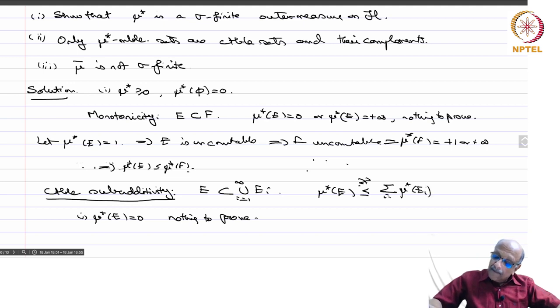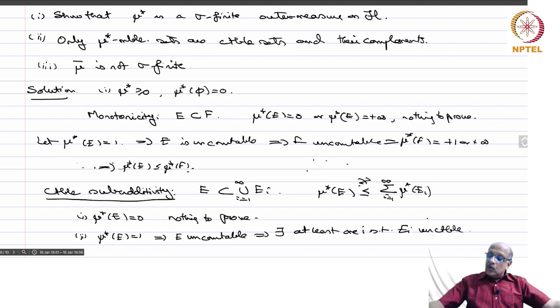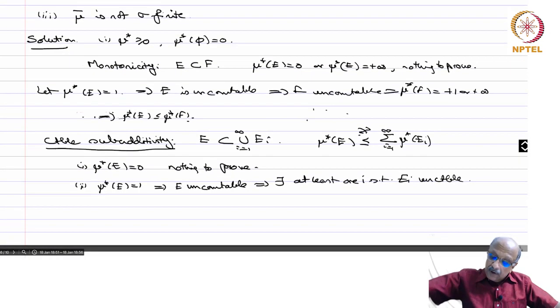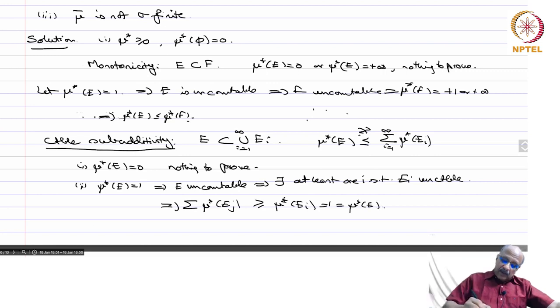Now if mu star of E equals 1, this implies E is uncountable, which implies there exists at least one I such that EI is uncountable. Because if all the EIs were at most countable, then a countable union of sets is countable, and therefore that cannot contain an uncountable set. Therefore sigma mu star of EI is greater than or equal to mu star of EI, which is equal to 1, which is equal to mu star of E. So again we have countable subadditivity.